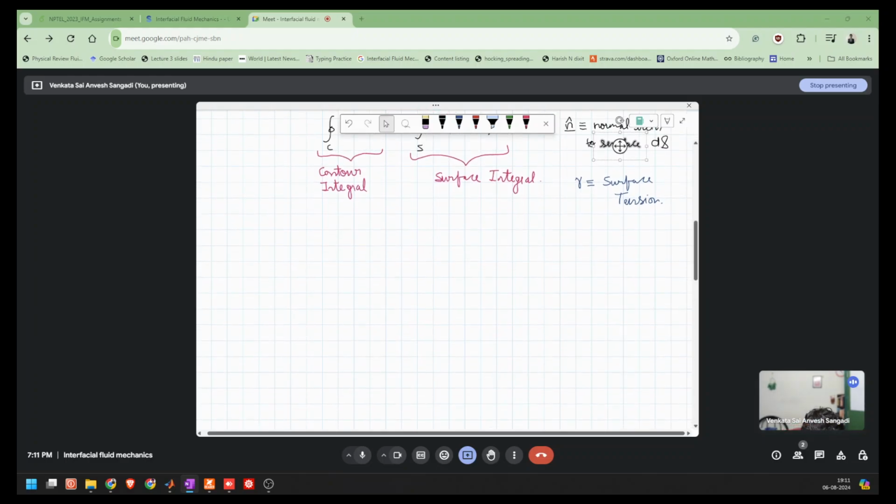So let us assume that f is a cross product of two vectors, that is f cross b, where we assume that b vector is completely arbitrary and constant.